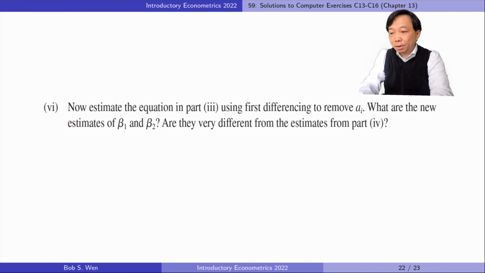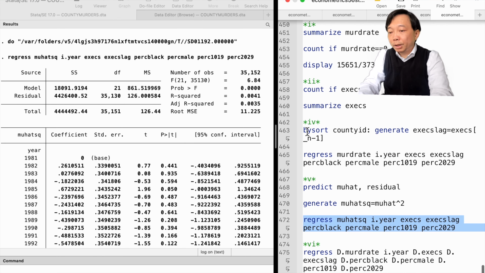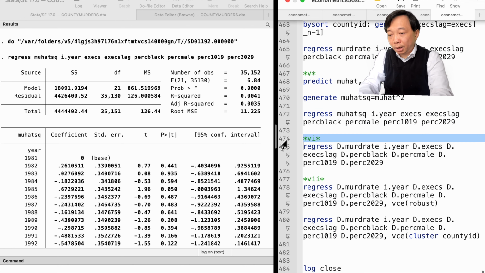In Part 6, we estimate the equation in Part 3 using first differencing to remove a_i. What are the new estimates of beta 1 and beta 2? Are they very different from the estimates from Part 4? We use the D operator in front of the variables to get the first difference.